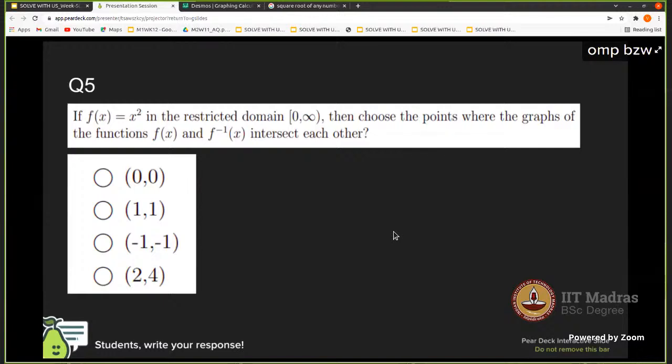When x is greater than n. When x minus 4 is there, when will x minus 4 be greater than 0? If x is greater than 4.